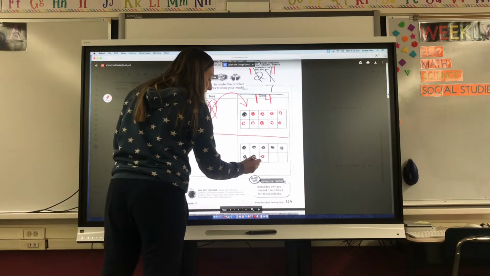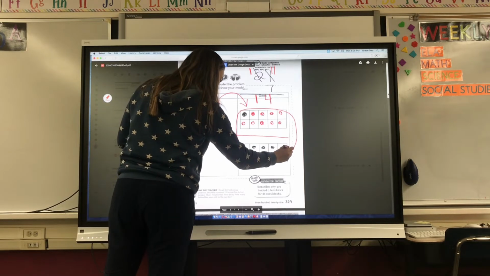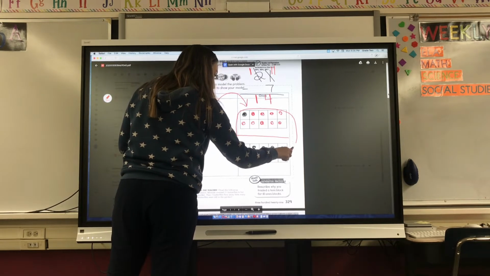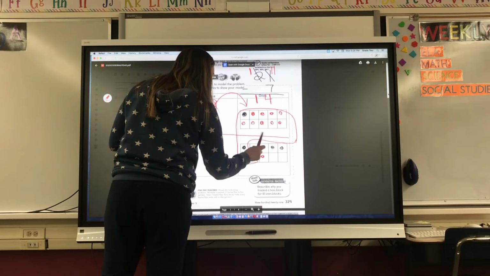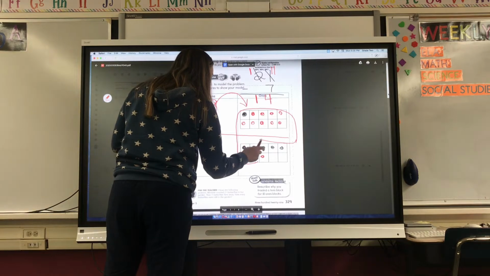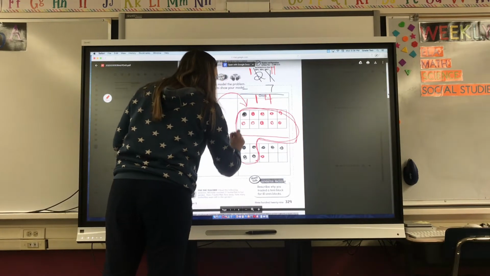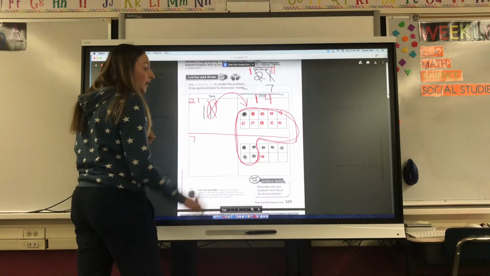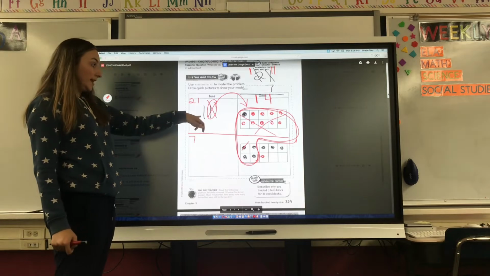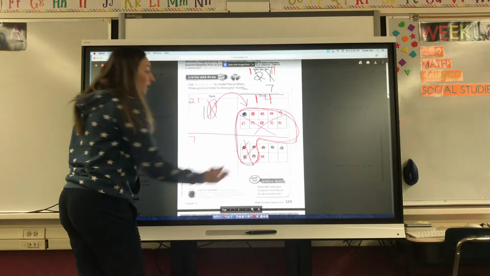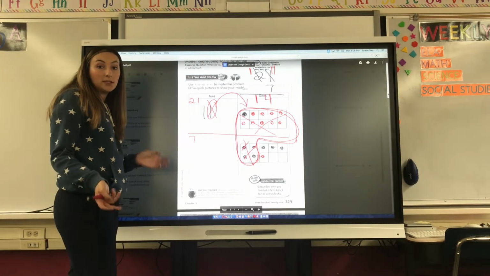So I'm going to take all these and all these. Ooh, not those. All these. Nope, not that either. I circled all these 1s, right? And I'm going to cross them out. So now I have 1 10, right? I'll cross these ones out too. I have 1 10, and I have 4 1s left. So that's how it's asking you to draw it.